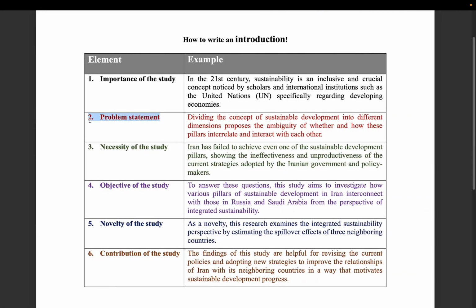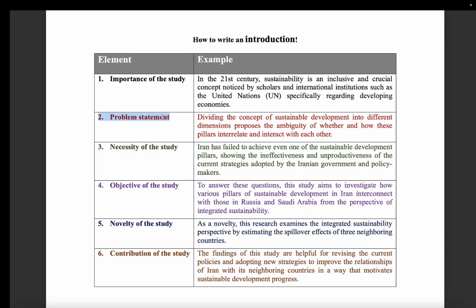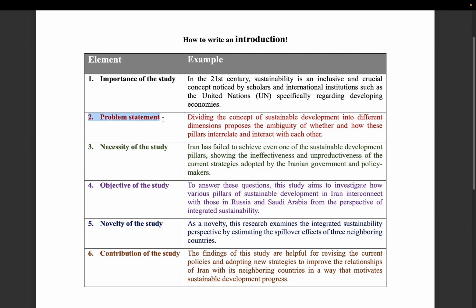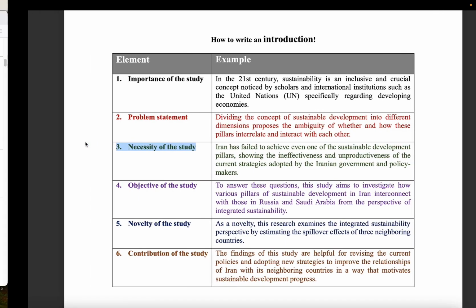After expressing the problem statement, more likely in the second paragraph, and the problem statement sometimes takes 1 paragraph, sometimes takes 2 paragraphs. It can be the largest part of the introduction. After that, the necessity of the study is covered.